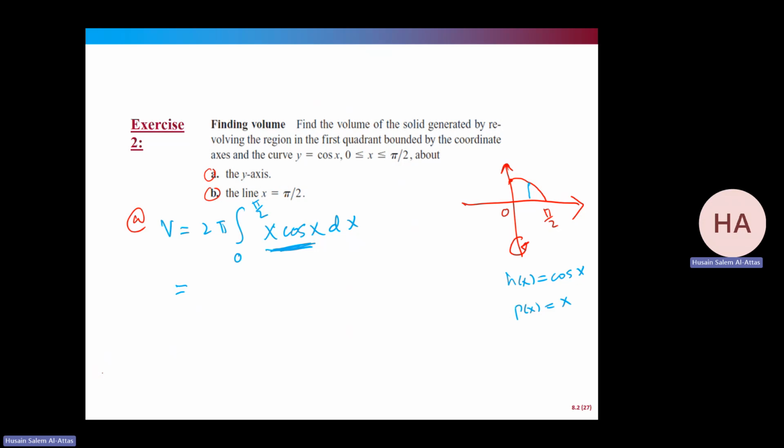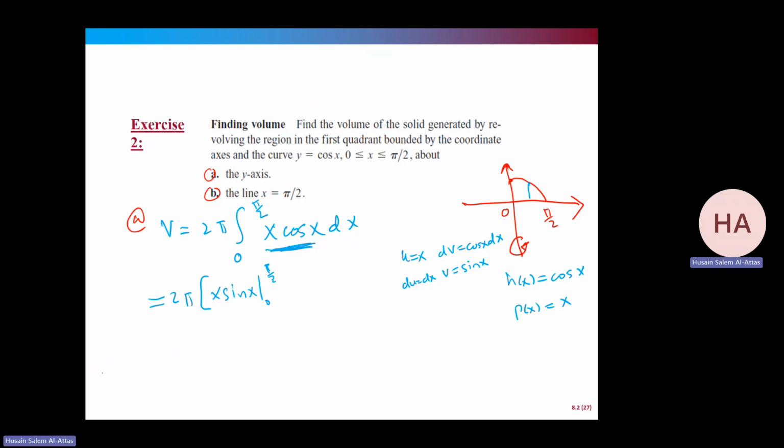Let me use the space here. u equal x, dv equal cosine x dx. So v will be sine x. du will be dx. So that will be 2 pi of what? uv, x sine x from 0 to pi over 2.